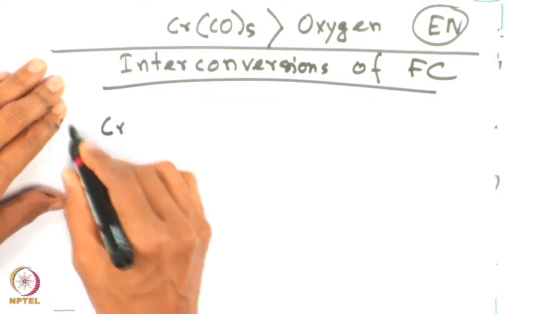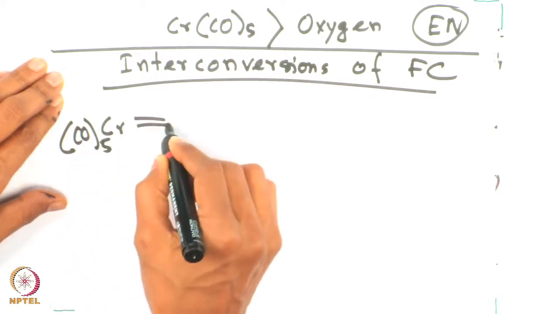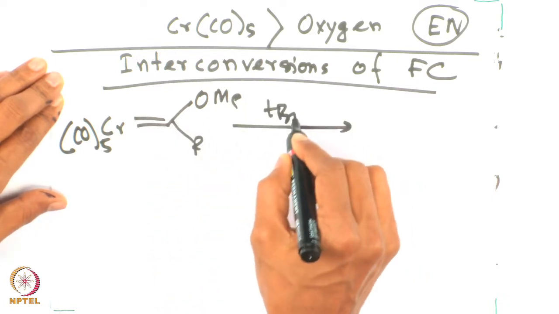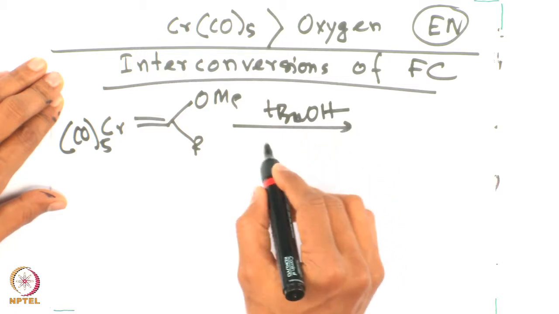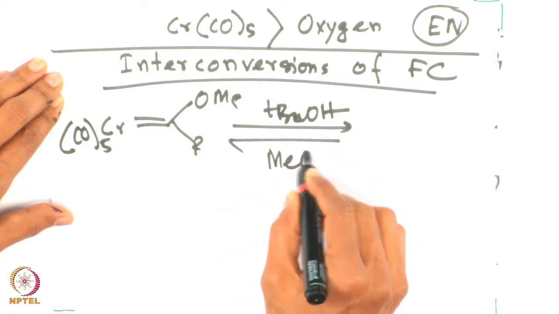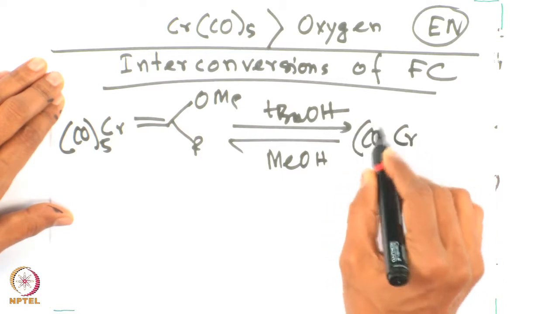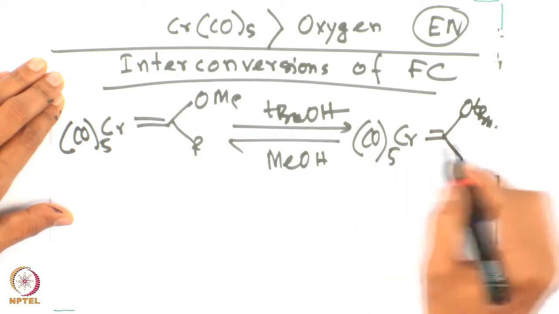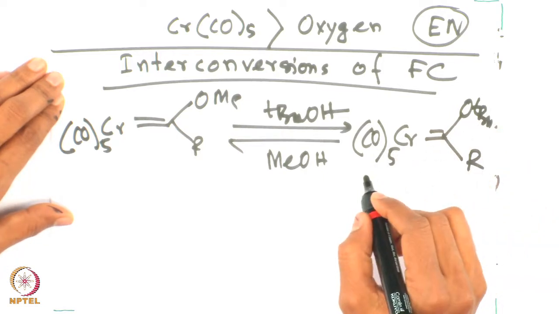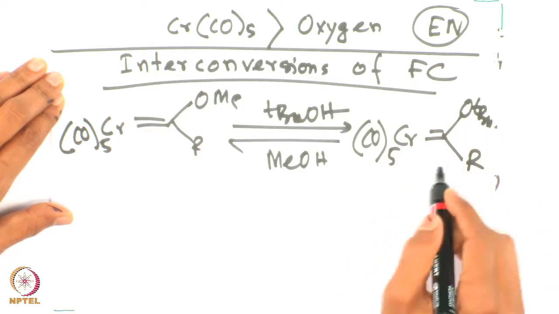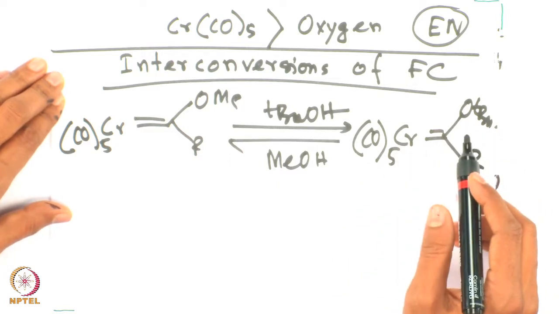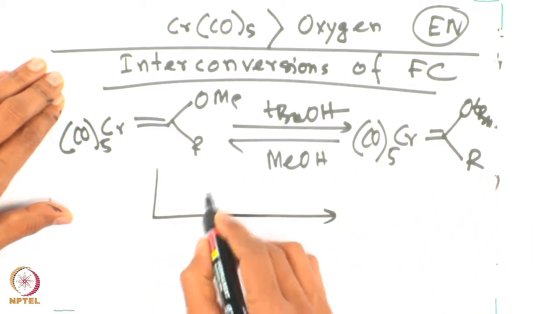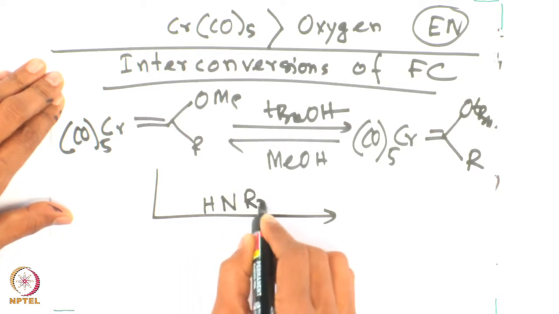Now, if you start with this chromium pentacarbonyl species and react it with another alcohol, for example, tert-butanol, of course, this is going to be a reversible reaction. What you can get is tert-butoxide or tert-butanol replacing methanol to give you that. Of course, since it is tert-butanol, you cannot do an SN2 reaction, it has to be the one where you see the reactivity pattern similar to the one we have with amine as well.